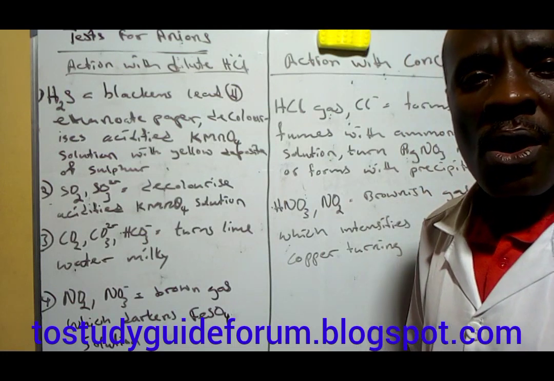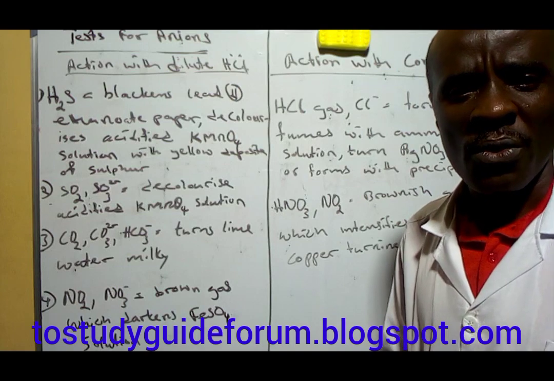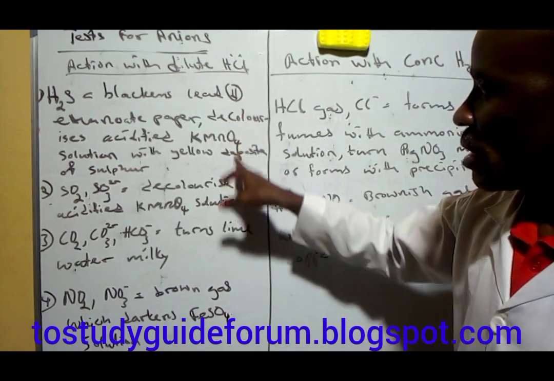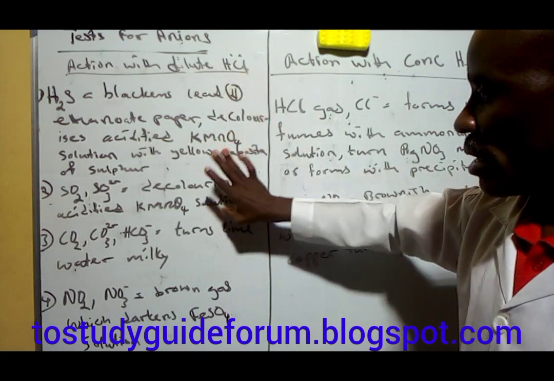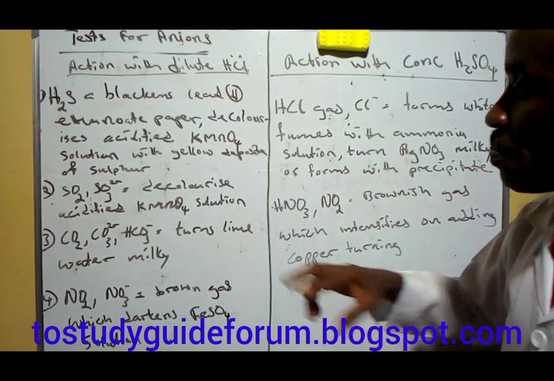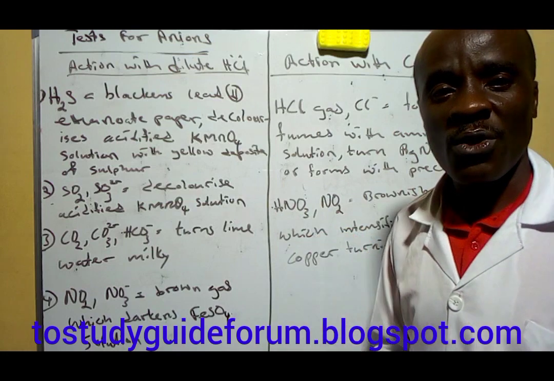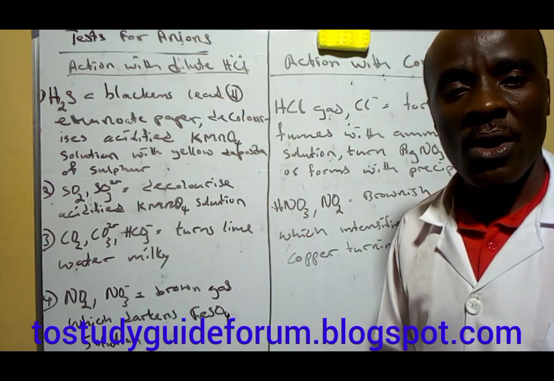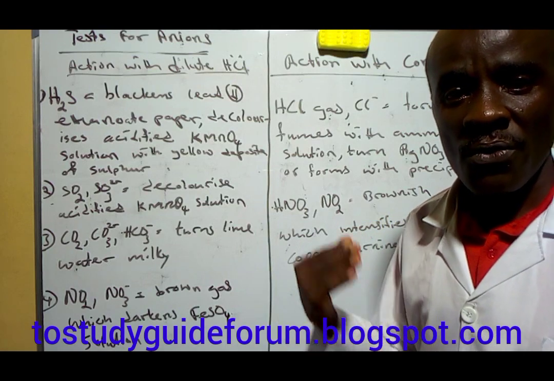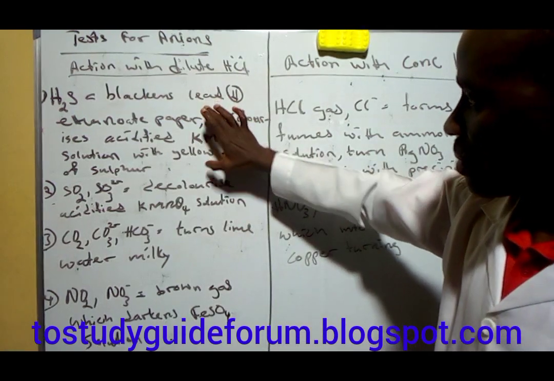Sulfur 4 oxide does not deposit sulfur. With potassium dichromate, it will also change from orange to green, but without a yellow deposit of sulfur. So these are some of the things you should know about these two substances.